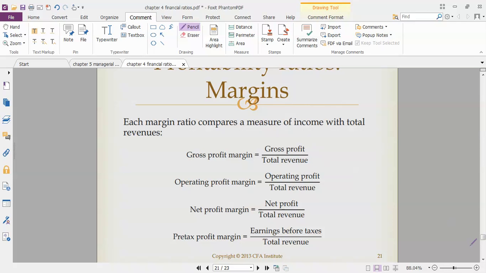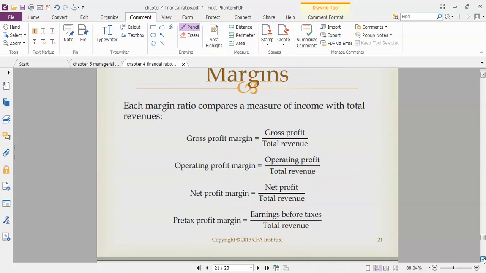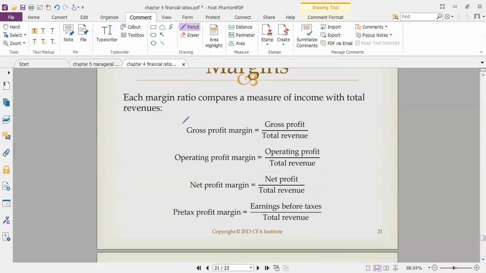So if you notice here, the formulas for gross profit margin, operating profit margin, net profit margin and pre-tax profit margin are all divided by the total revenue.